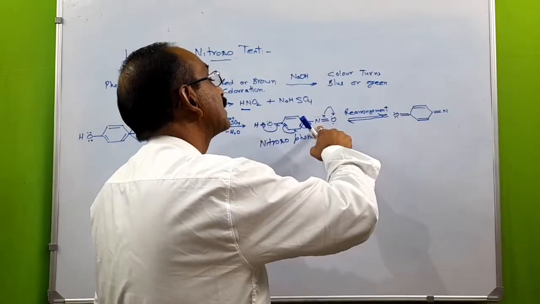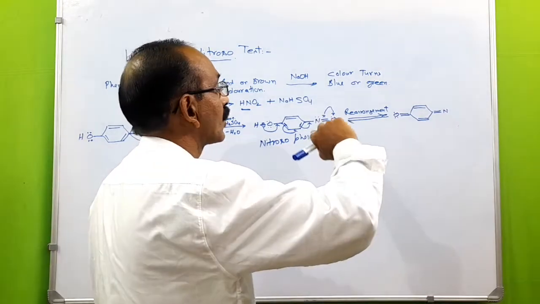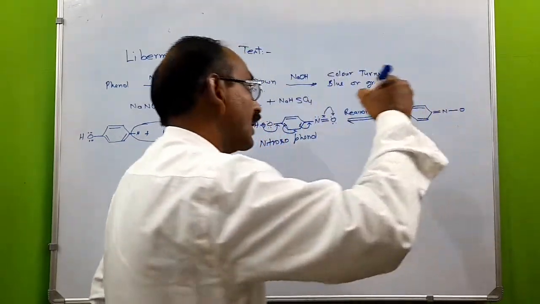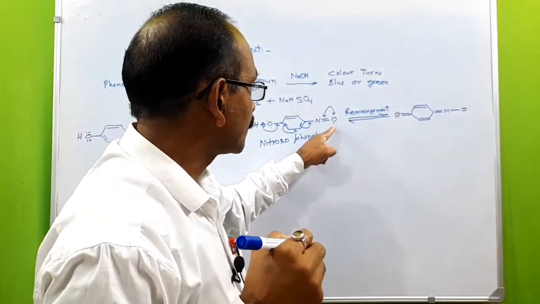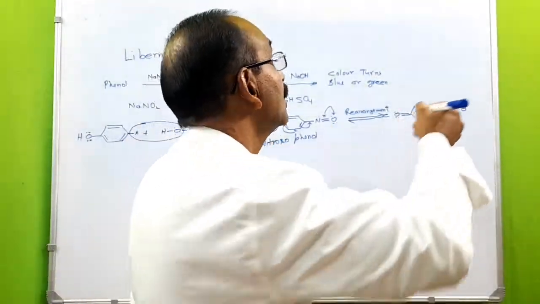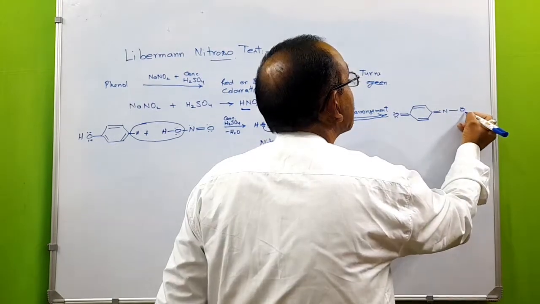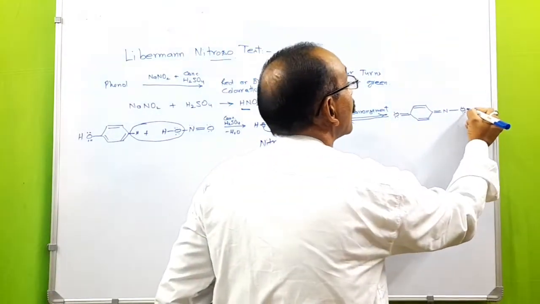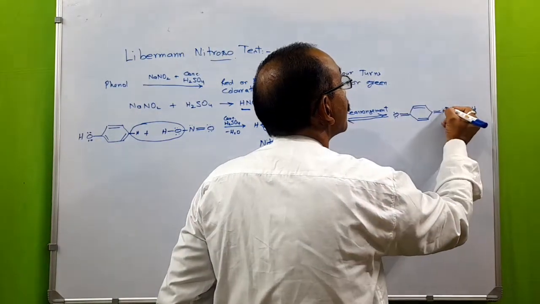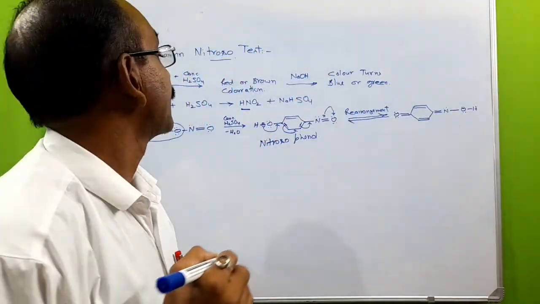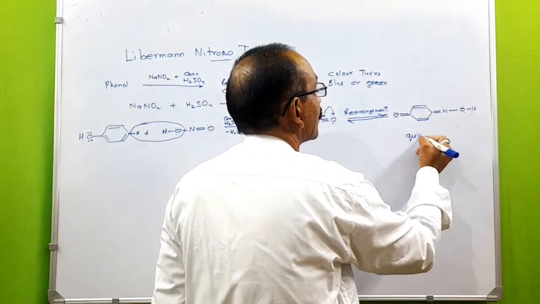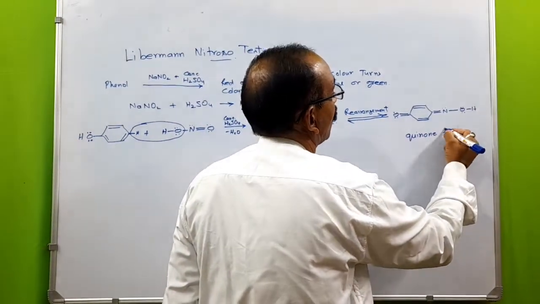As the pi electron of the NO bond shifted over oxygen, a single bond will remain here. Now as the two electrons come over oxygen, it will become negatively charged. So the H plus which sets free from the other end will form a bond to this oxygen. This is also our nitrosophenol, but this one is its quinone form.